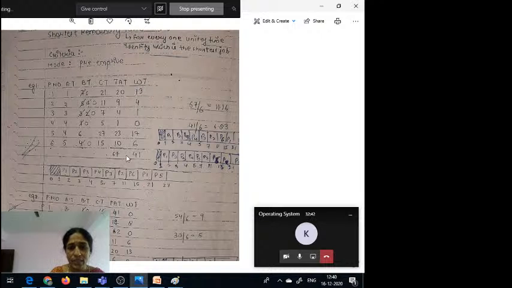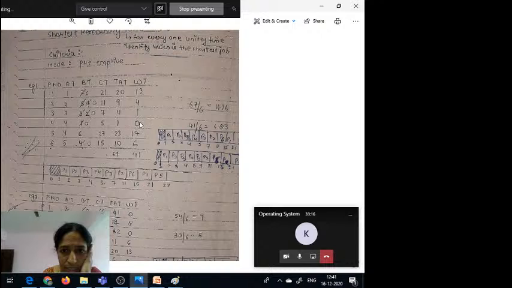Okay, and what is the waiting time? How we get the waiting time is turnaround time minus burst time. Turnaround time is how long the process is in the ready queue and in CPU execution. If we subtract the burst time from that, we get the waiting time. That is 20 minus 7, 13. 9 minus 5, 4. 4 minus 3, 1.